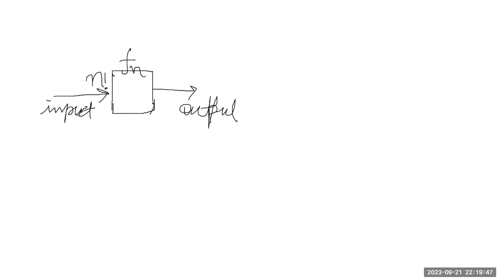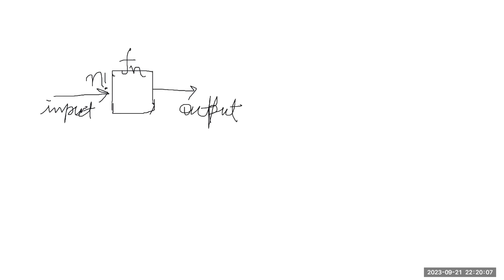And this is a function in between which is performing this task operation. And what is the operation that I am asking the function to perform? To calculate the n factorial. This is my operation task that I am asking this function to perform.